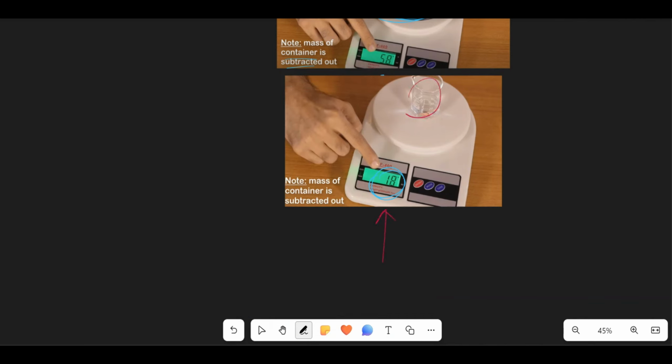This beaker has 18 grams of water, and the mass of the container is subtracted. And 18 grams is equal to 6.02 into 10 to the power 23 particles, because 18 is the molecular mass, and we show molecular mass in grams, which becomes equal to 1 mole.